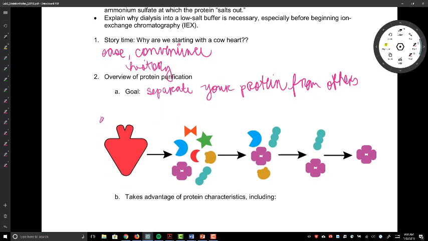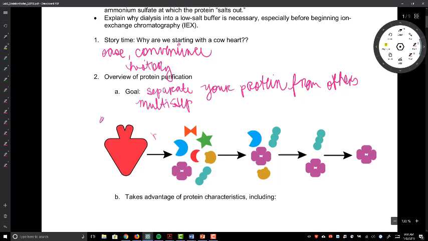That protein is contained inside of a cell, and along with LDH in the cells, there's a lot of other proteins. And so we use a multi-step purification process to separate LDH from all the other proteins that are contained within a heart.